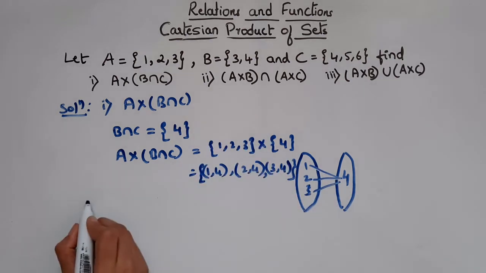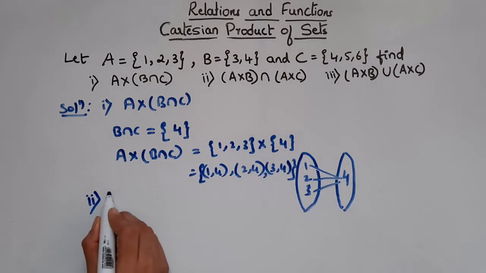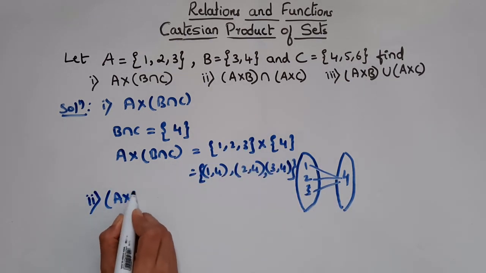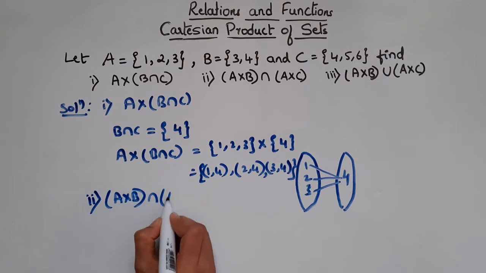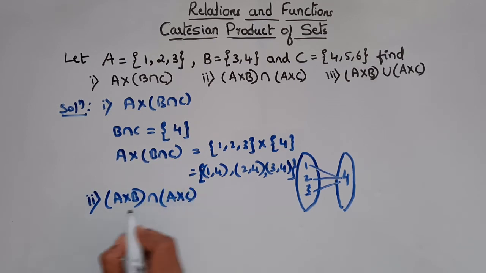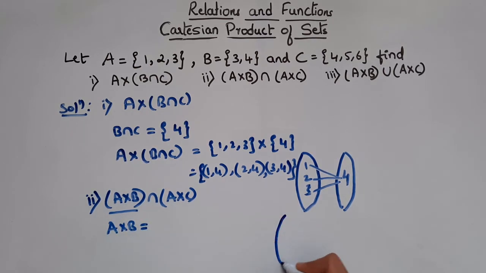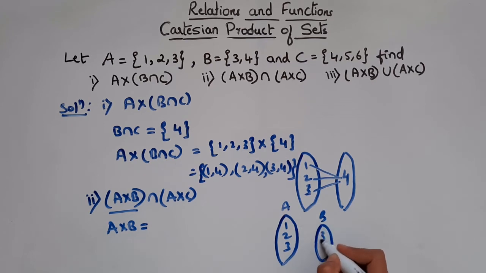Now let's see the second one. What is A cross B intersection A cross C? First let's see what is A cross B. In set A we have 1, 2, 3 and in set B we have 3, 4.